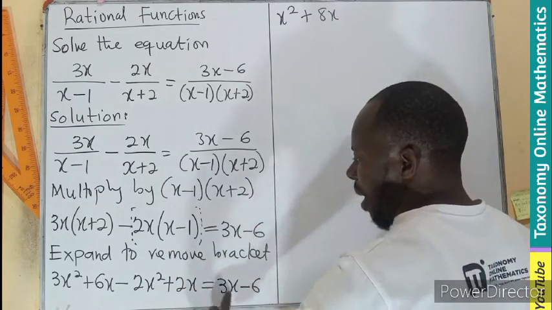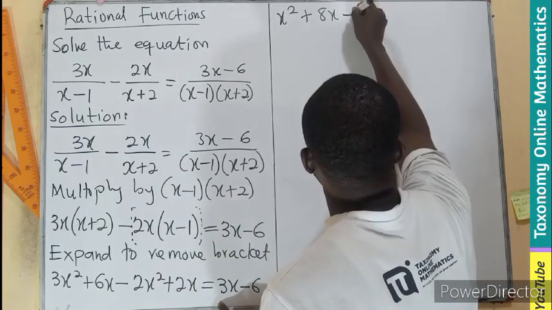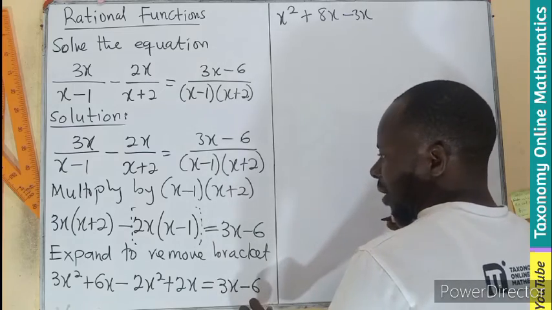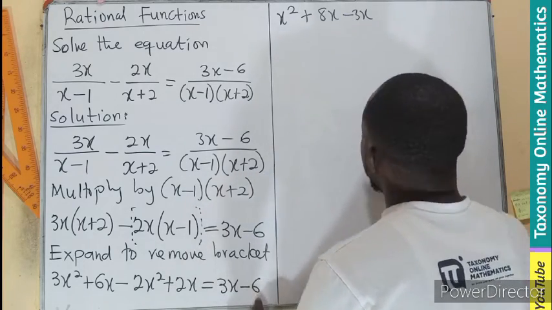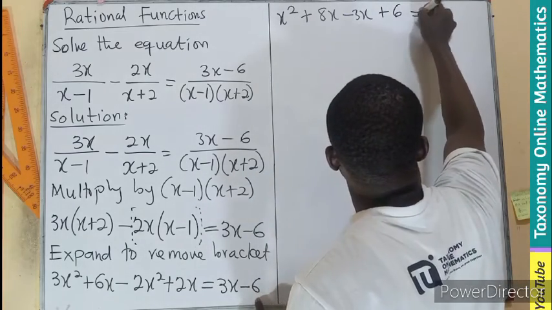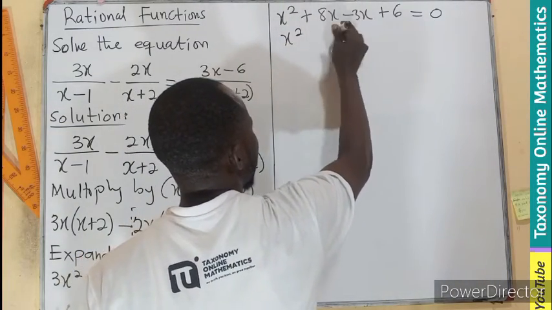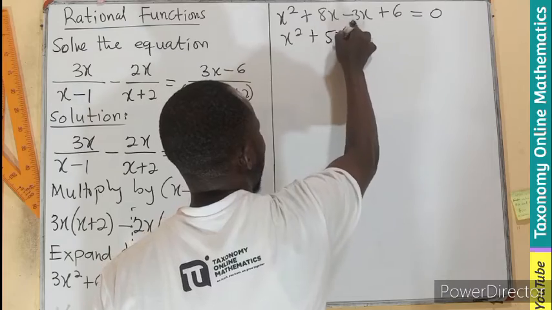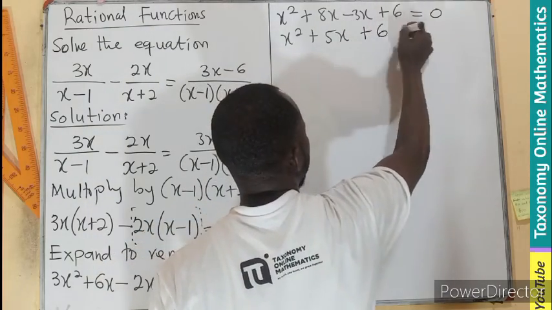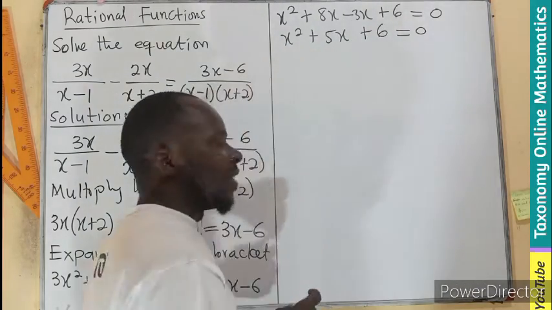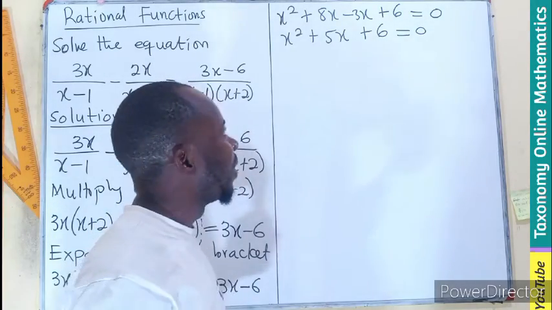I guess this will become minus 3x. Let's bring this one also to become positive 6, equals 0. So if I simplify this, I should be having 5x plus 6 equals 0. That is 8 minus 3, that will give me 5.